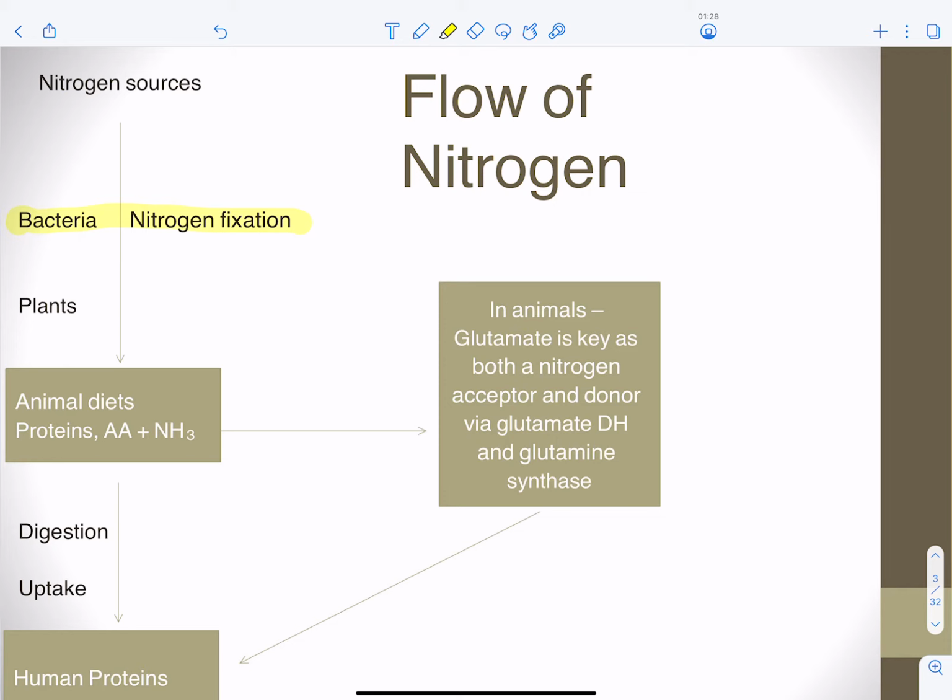You, as an animal, we are humans, so we are going to take up nitrogen in the form of proteins, amino acids, and then we're going to digest them. We're going to make our own proteins, of course. In animals and us, glutamate is going to be important as a nitrogen acceptor and a donor, and this is through two different enzymes, glutamate dehydrogenase and glutamine synthase.